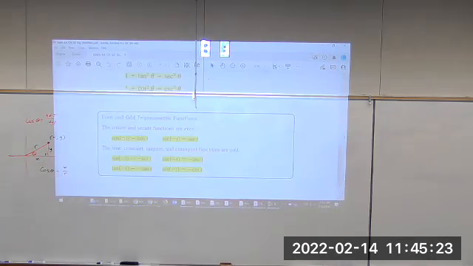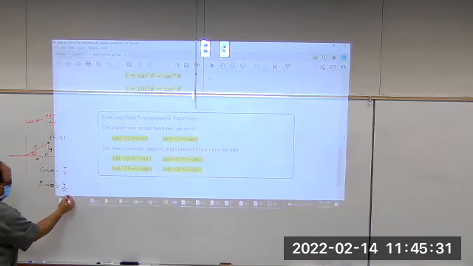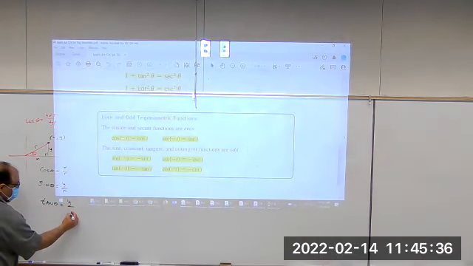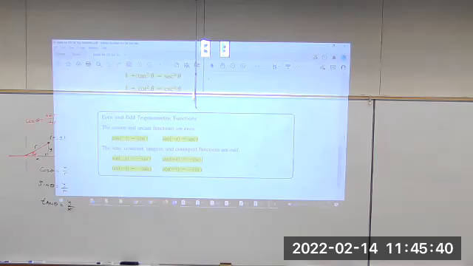For any point. And the sine of theta is the y coordinate over the radius, and then tangent is the y coordinate over the x coordinate. That way we can find the sine, cosine, and tangent of any angle in all the quadrants.